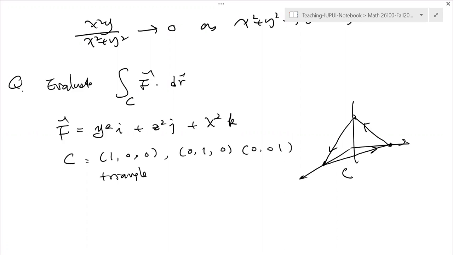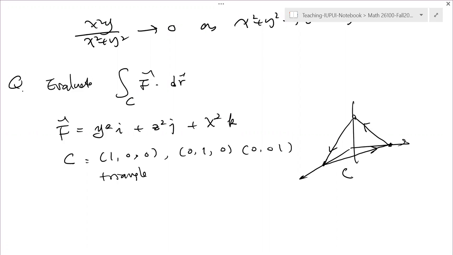If you do the line integral directly, you have to find the parameterization for three pieces of the curve. It can be done, but it's more complicated than you'd think.